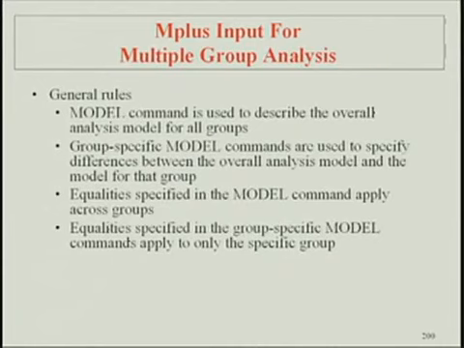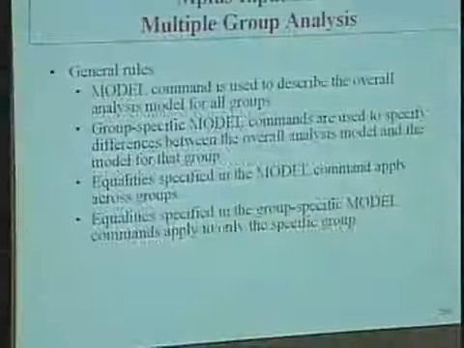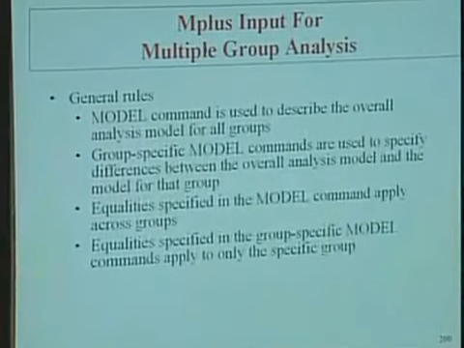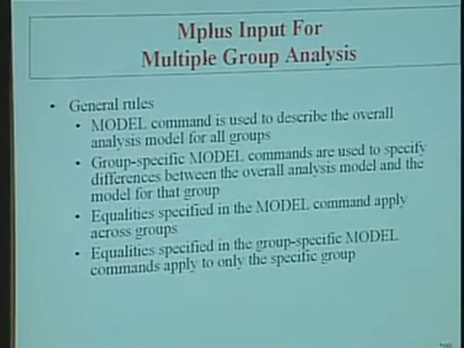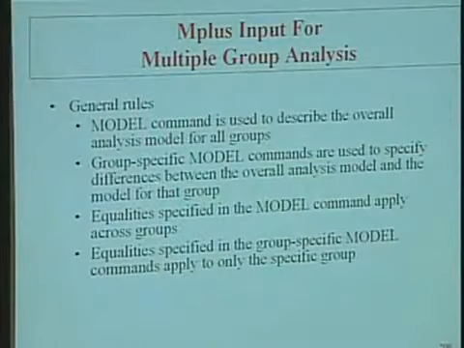Okay, so let's talk a little bit about the model command in Mplus for multiple group analysis. The model command describes the overall analysis model for all groups. What Mplus does is it reads the model command, and then if you have 3 groups, it just starts each group right there with that same model. And we then have group-specific model commands that we use to specify differences between the overall analysis model and the model for that group.